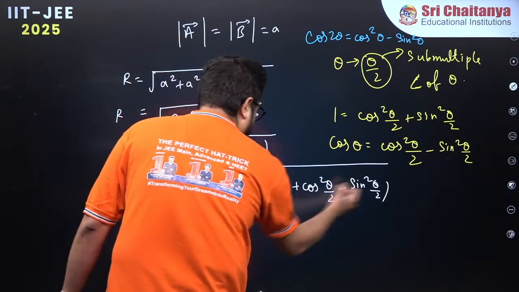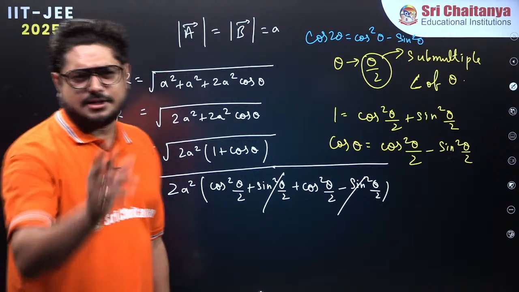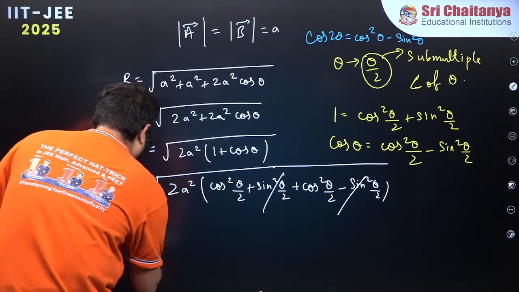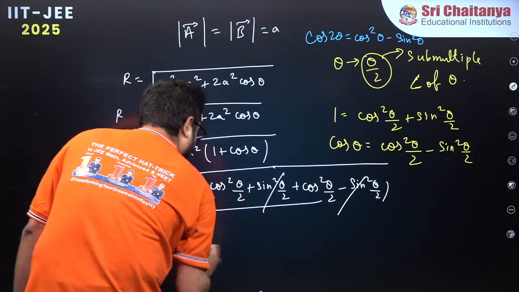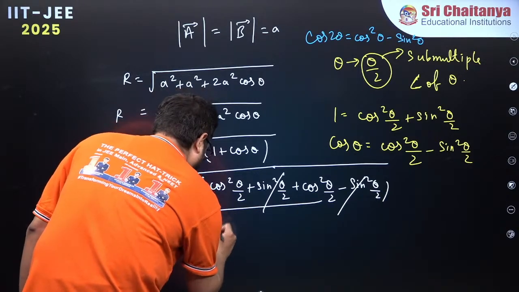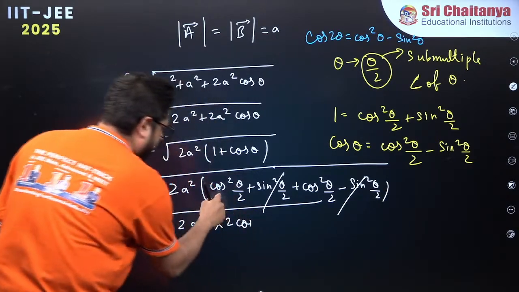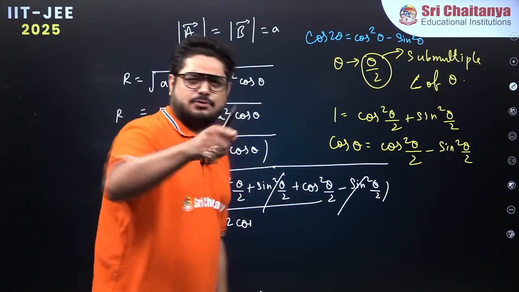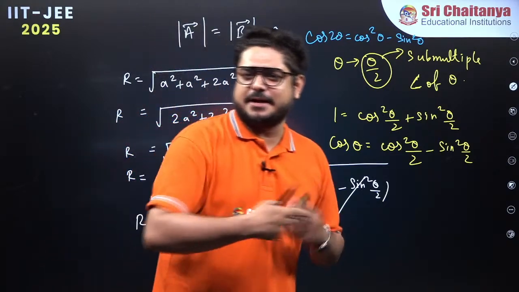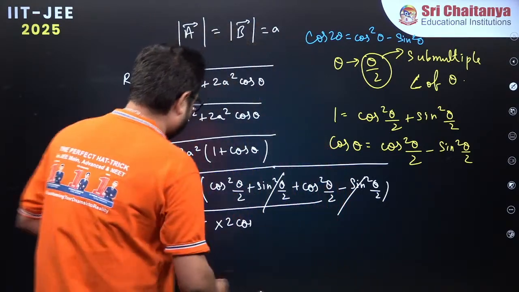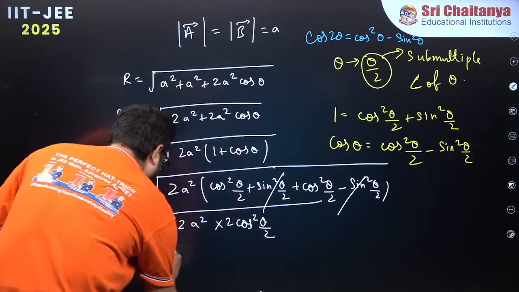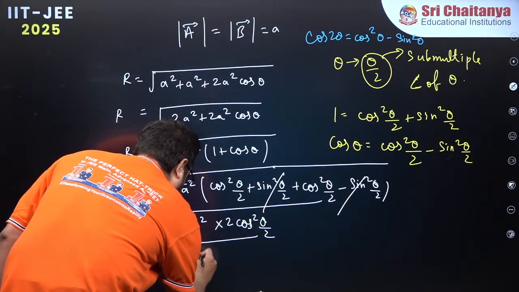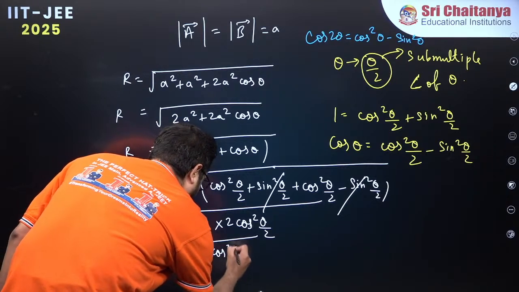You can see that sine square theta by 2, sine square theta by 2 gets cancelled out, and we are going to be left with this expression, which is 2a square, isn't it? It's going to be into 2 times, right? We are having cos square theta by 2 plus cosine square theta by 2. They will become twice, isn't it? So it's going to become twice cosine square theta by 2. So as a result, it's going to become 4a square cosine square theta by 2, isn't it?